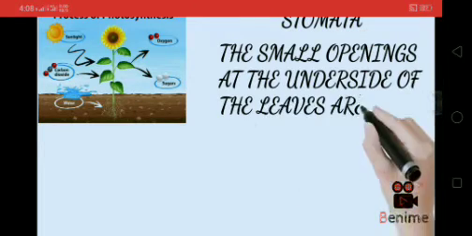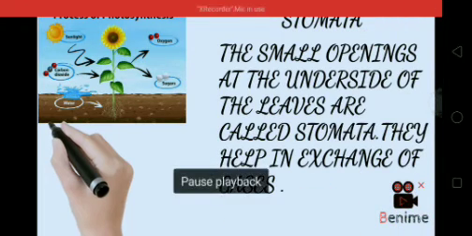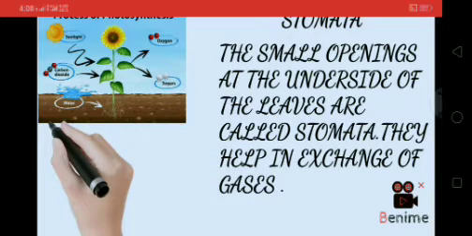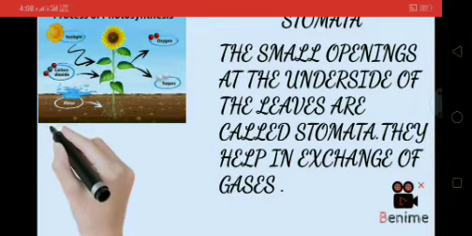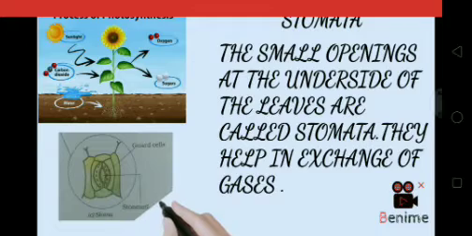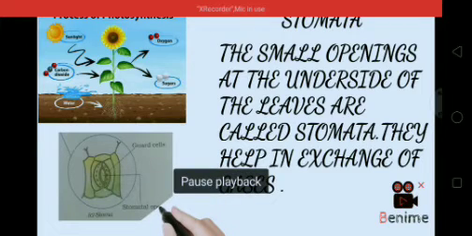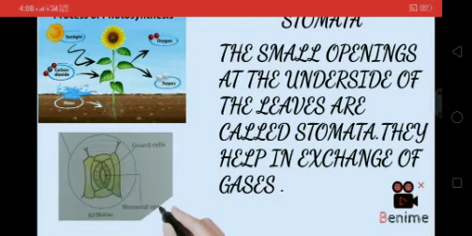So let's go further. Now, stomata. Inside the leaves, the small openings at the underside of the leaves are called stomata. They help in the exchange of gases.